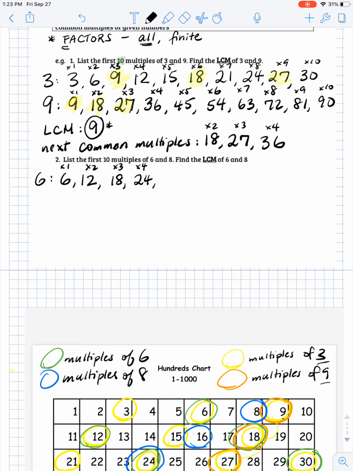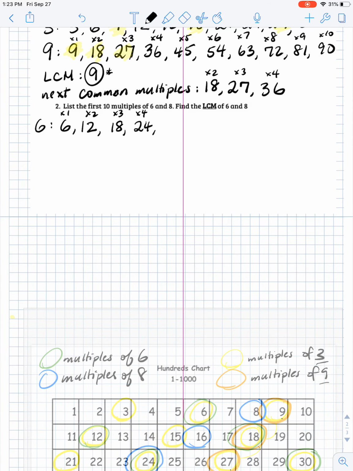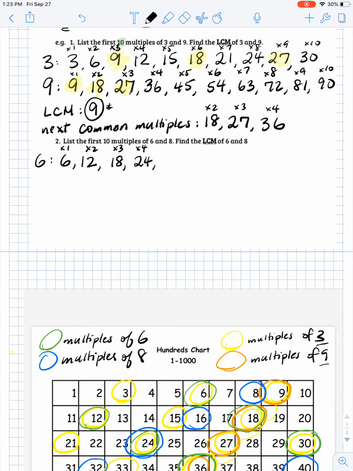It'll be times 5, which is 30, times 6, which is 36, times 7, which is 42, times 8, which is 48, times 9, which is 54, and then times 10, which is 60.